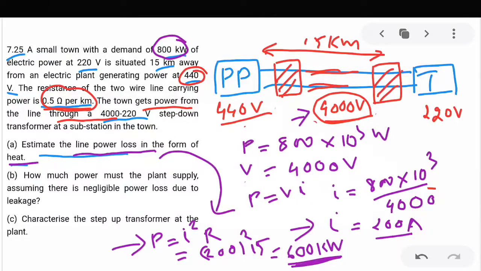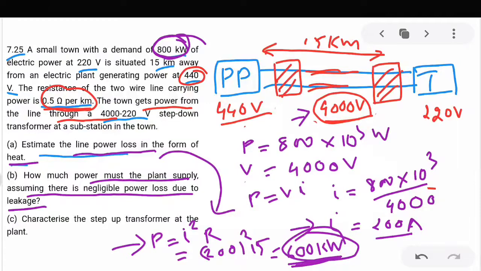Then it is asked, how much power must the plant supply assuming there is negligible power loss due to leakage. So the town requires 800 kilowatt, and 600 kilowatt is lost as heat.